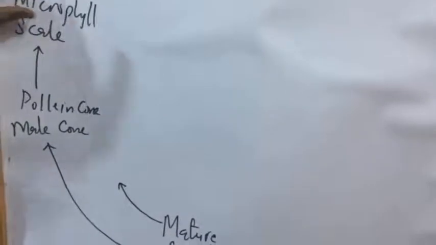In biology, anything phyll has to do with leaf. So we have microphyll, a very small leaf. That scale is leaf-like, so we call it microphyll.